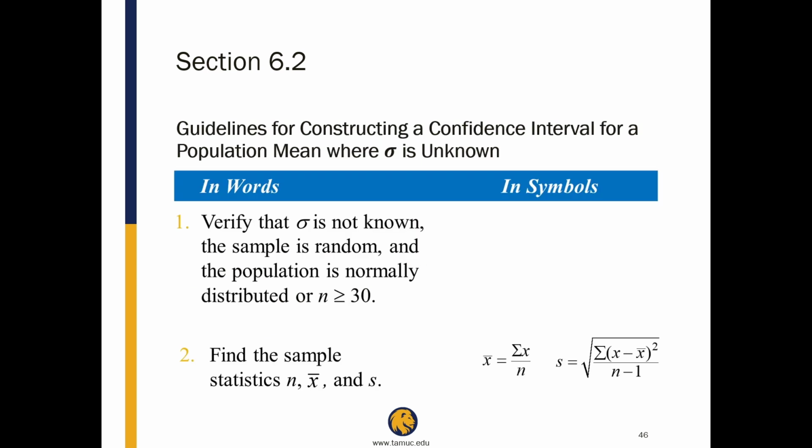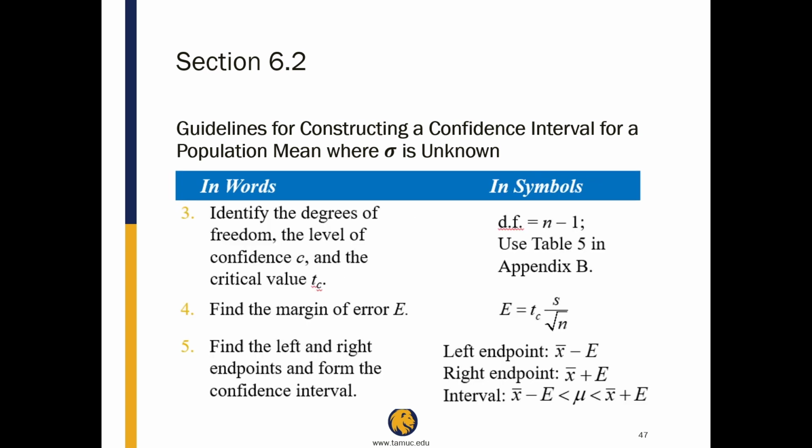So here's the overall process. To construct a confidence interval for the population mean when sigma is unknown, we're going to verify that sigma is not known, but we also need to verify the sample is random and the population is normally distributed or n is greater than or equal to 30. Then we're going to find the sample statistics: n, the sample size, x bar, the sample mean, and s, the sample standard deviation. Notice how s is equal to the formula over there. That was our formula for standard deviation. Then we're going to identify the degrees of freedom, the level of confidence, and the critical value t sub c, using degrees of freedom equal to n minus 1.